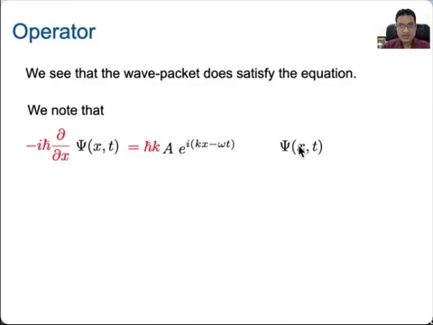So I can write ψ of x,t times this ħk, which is your momentum. I operated this quantity from the previous slide, and this is what we got. Now we can use another quantity that we have seen.